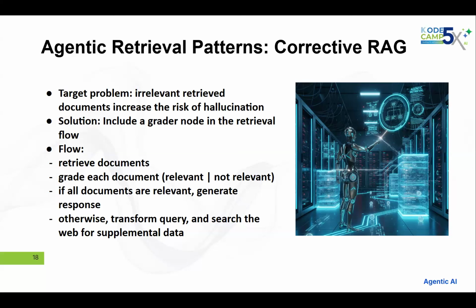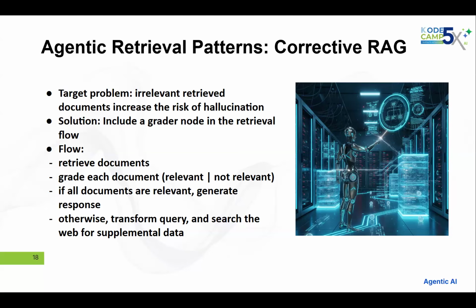So the job of the grader node is that when the documents are retrieved, it just evaluates them to determine whether or not they are relevant to the prompt. And if all the documents are relevant, then the agent generates the response.